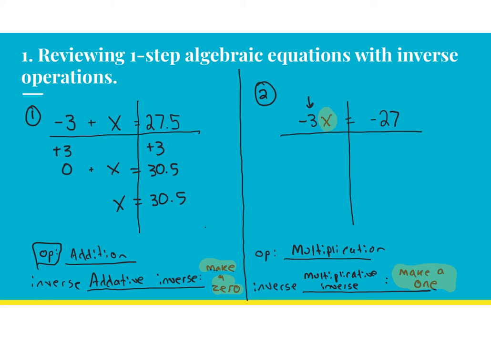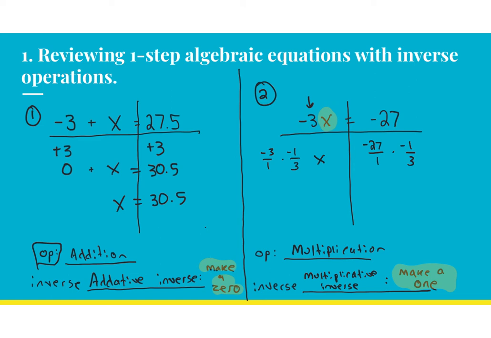Let's recall here that the multiplicative inverse of negative 3, which could be represented as negative 3 over 1, is negative 1 over 3. We would have to do the same thing to the other side, so this would look like taking that negative 27, putting that over 1, times negative 1/3.